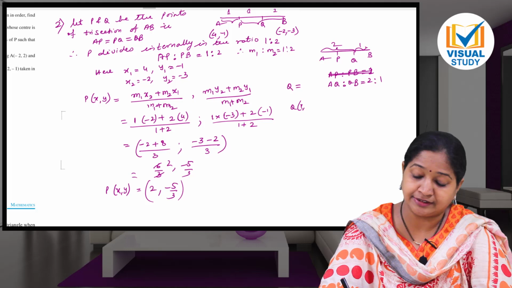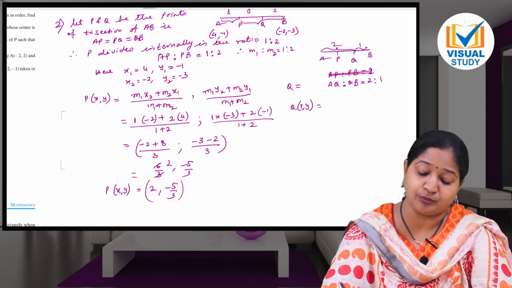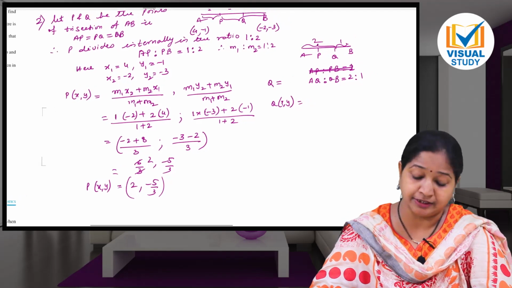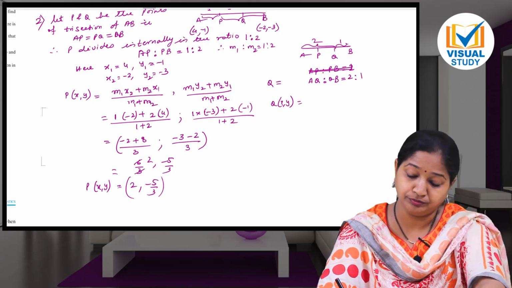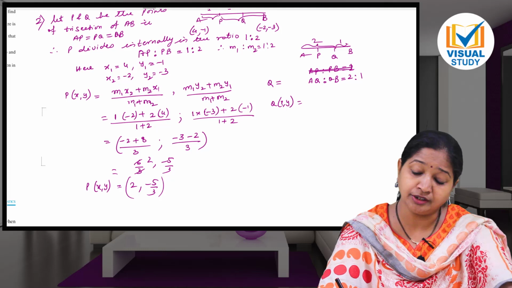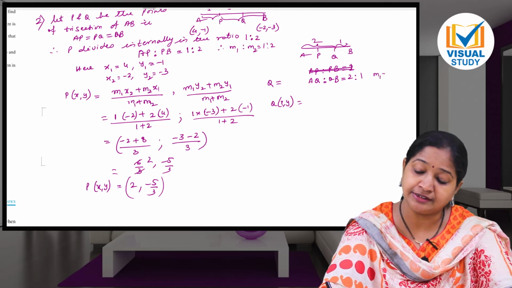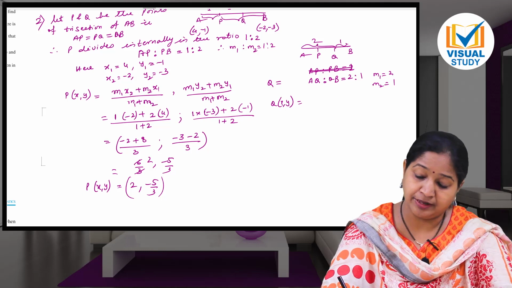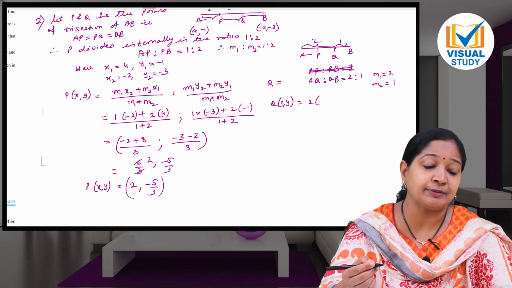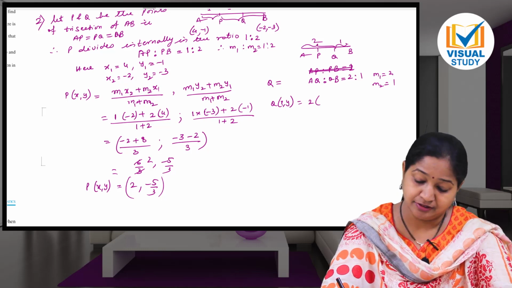Now Q x, y. Again use the same formula. I will not repeat the formula again. I will just write the points. Now here your M1 is 2 and M2 is 1. A and B points will remain the same.